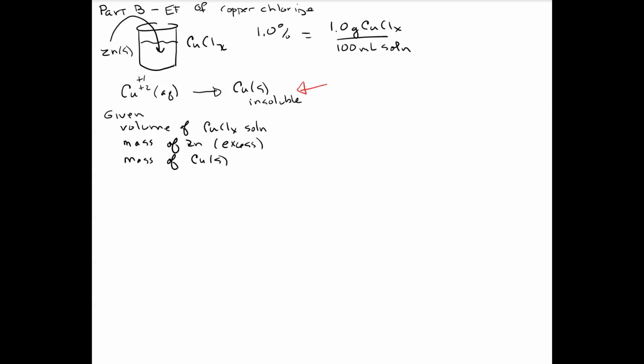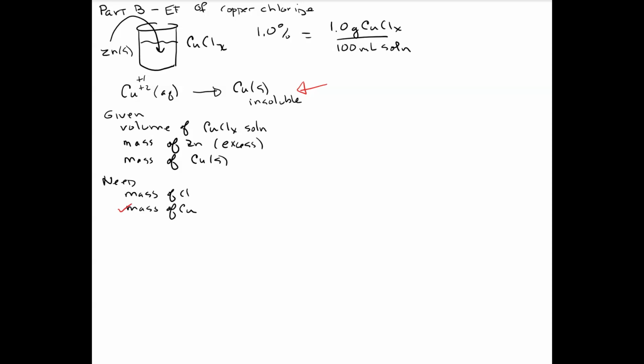So when we calculate the empirical formula of a compound, we need the following data. We need the mass of the chloride, and we need the mass of the copper, the two elements in our compound. This one we're given, the mass of the copper.